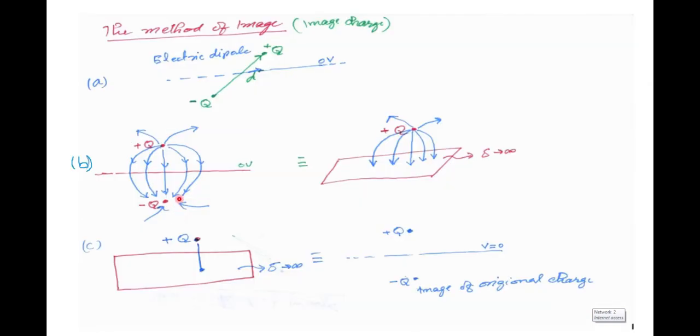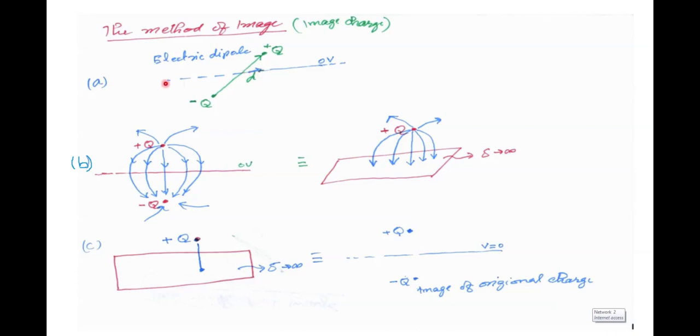Let us first discuss the method of image. In the last lecture we have discussed the electric dipole. An electric dipole basically comprises two charges having the same magnitude but opposite sign and separated by a small distance d.